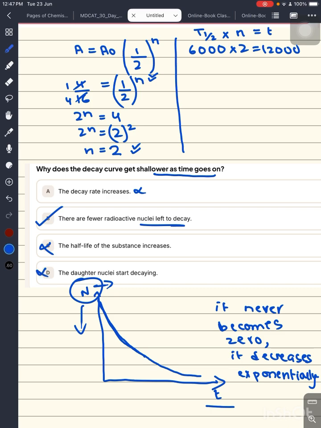No. According to this graph, there are fewer radioactive nuclei left to decay, because we know that the sample is continuously decaying. After a long time, as you can see here, only a very small amount is left to decay. So for this reason.